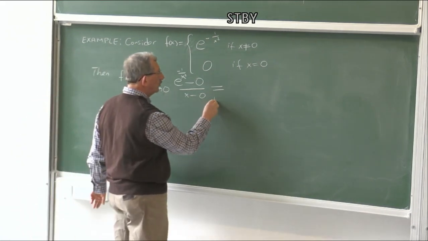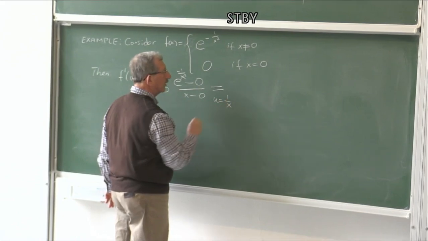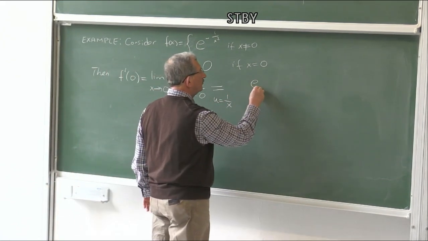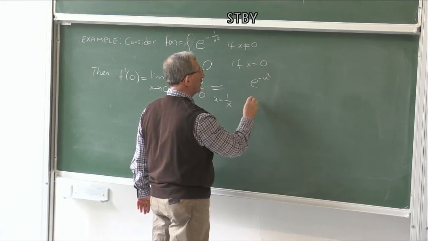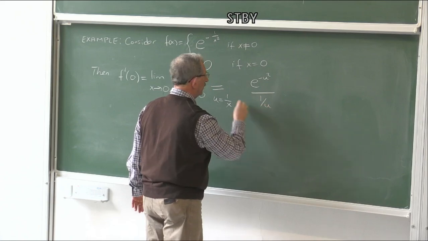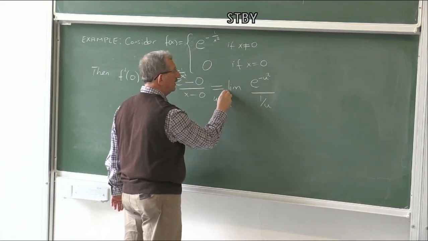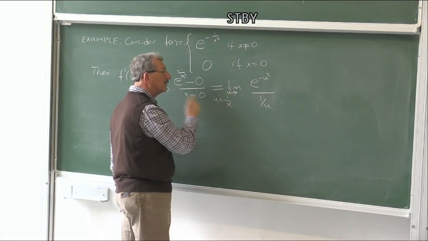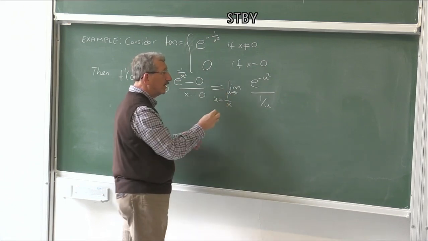We will put u equal to 1 over x to understand what's happening. Then we have e to the minus u squared over 1 over u, and u goes to plus or minus infinity, depending on whether x is positive or negative.